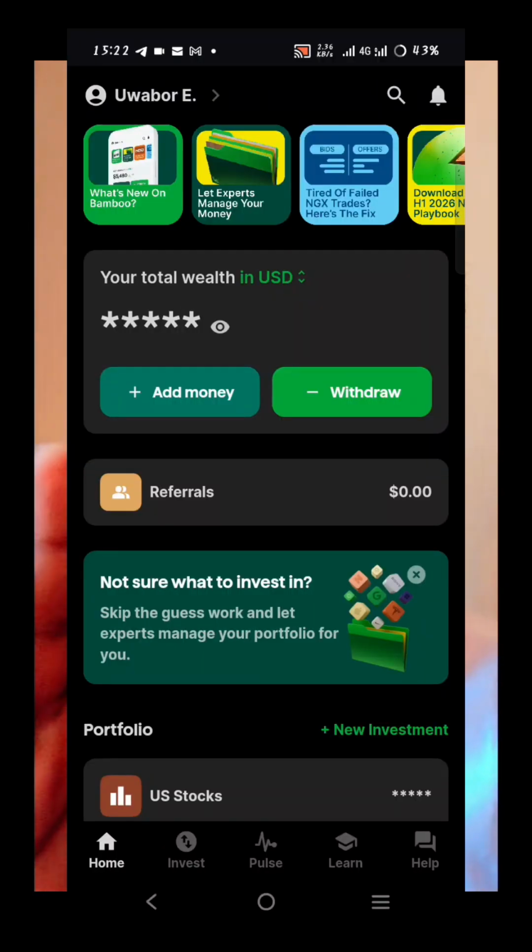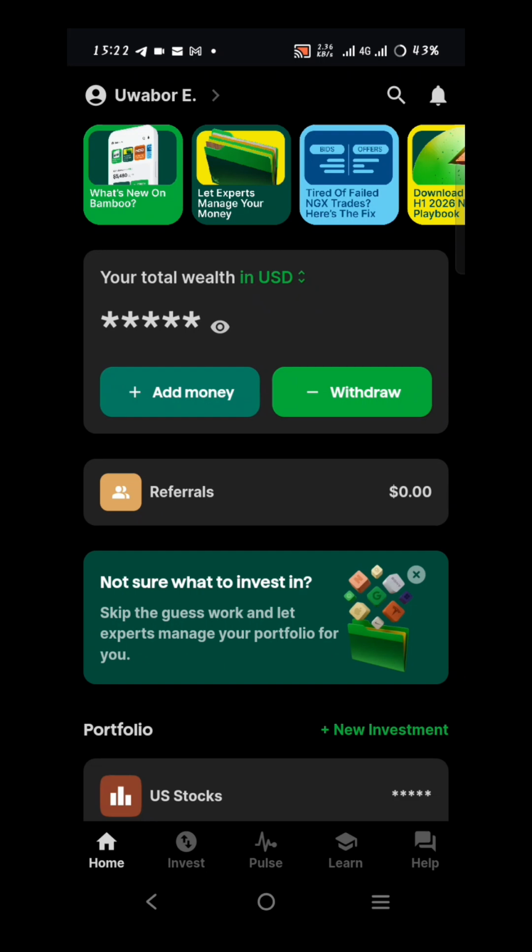The timing in Nigeria is quite different from that of the US market. The Nigerian market opens officially by 9 a.m. to 4 p.m., Monday through Friday. So guys, just stay tuned as I'll be taking you through a very short video on how to buy US stock in fractions.